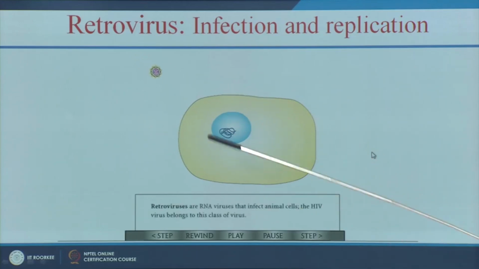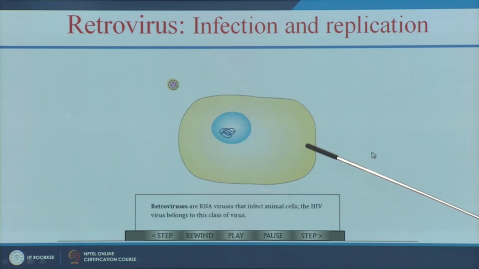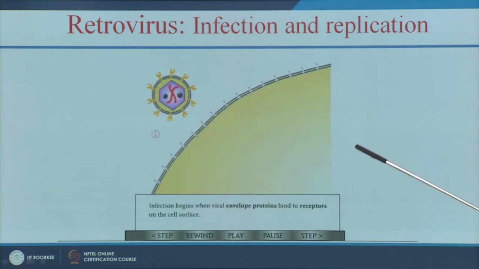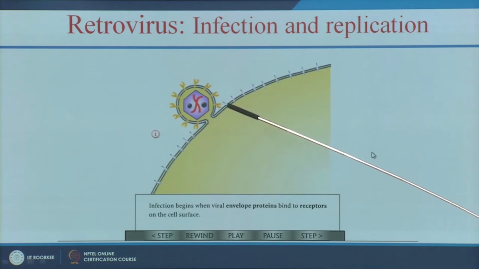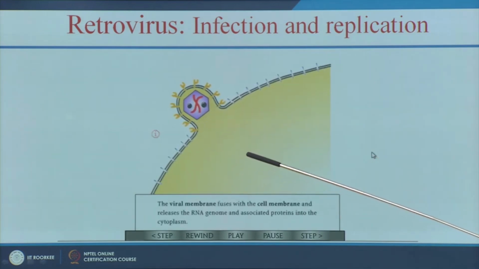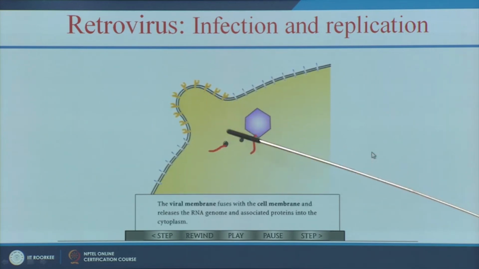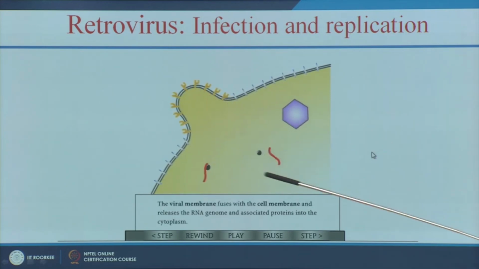So this is a viral infection and replication cycle of a retrovirus. From this animation you can understand how the retrovirus comes and binds to the mammalian cells and how it is going to replicate. See, the first step is attachment of the virus to the mammalian cells.